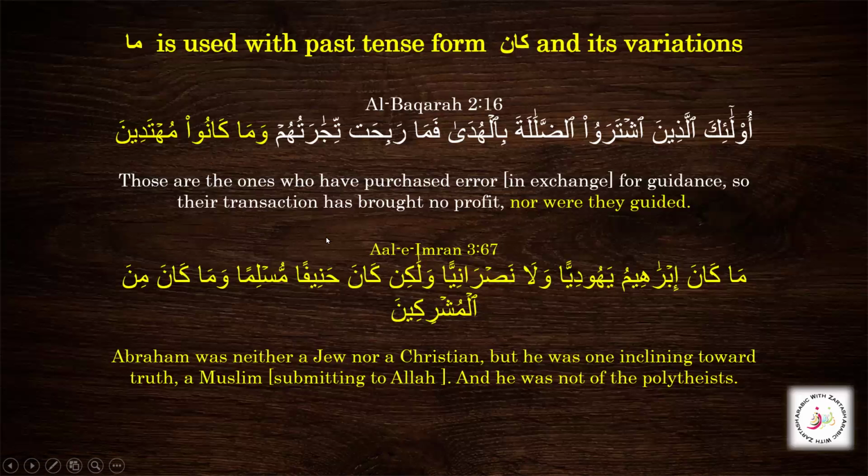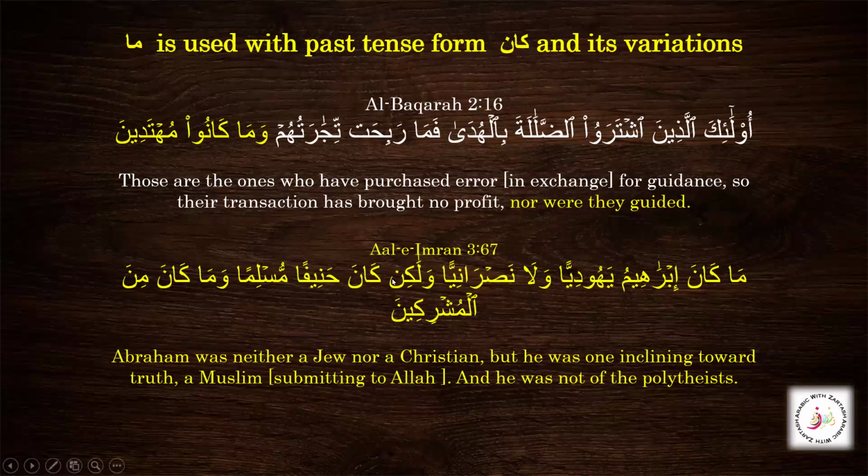Wama kanu muhtadin, and nor were they guided, because those are the ones who have purchased error for guidance, so their transaction has brought no profit. Also, it is joining this sentence with this because they have no profit. Also, they are not guided, nor were they guided. So, wama kanu muhtadeen.